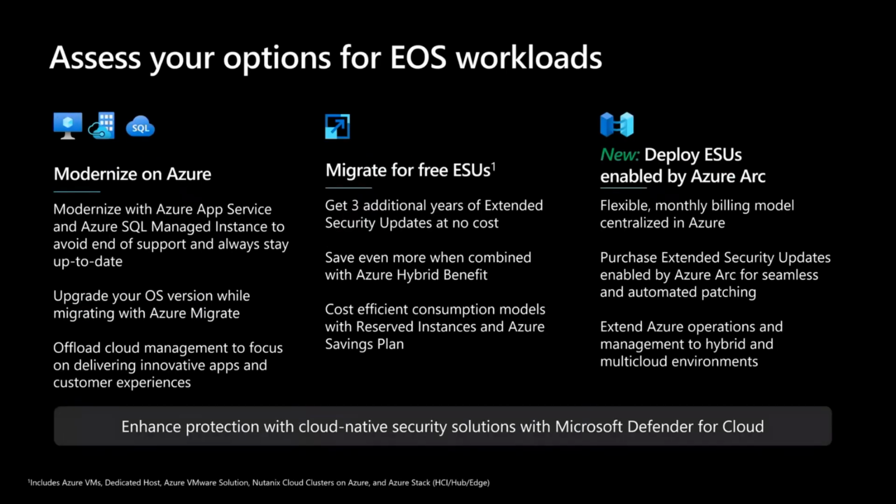As we walked through this last time, we talked about some of the options that were available, whether that be to modernize on Azure by moving to platform services that remove that need for managing server versions inside of your infrastructure pretty much permanently, by staying on evergreen versions of platform services provided by Microsoft on Azure.